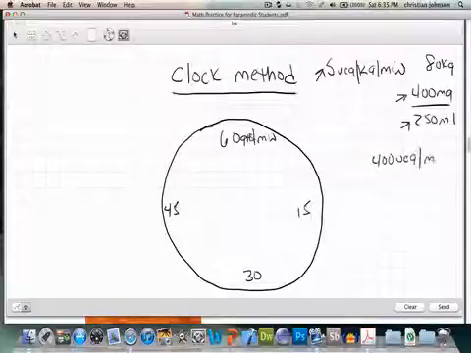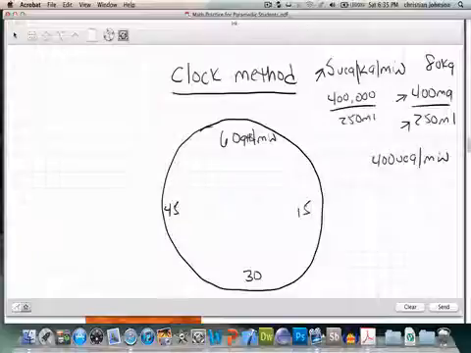That becomes my new desired dose, and I concentrate this down. I divide that into that, but I need to convert my dose on hand milligrams to micrograms, which gives me 400,000 over 250. Once I divide that, I get 1,600 mics per ml.